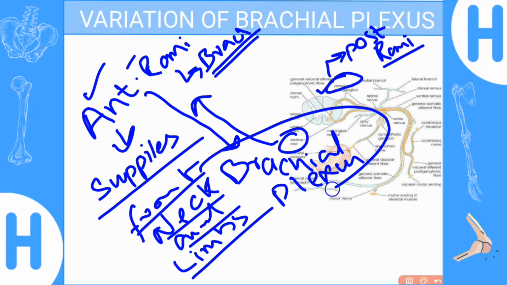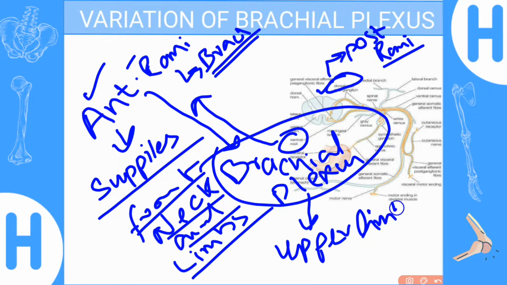The anterior rami will give rise to the brachial plexus, and it supplies the upper limb. So all nerves that are supplying the upper limb originate from the brachial plexus.